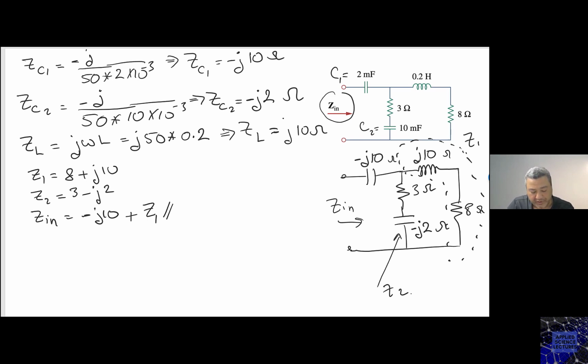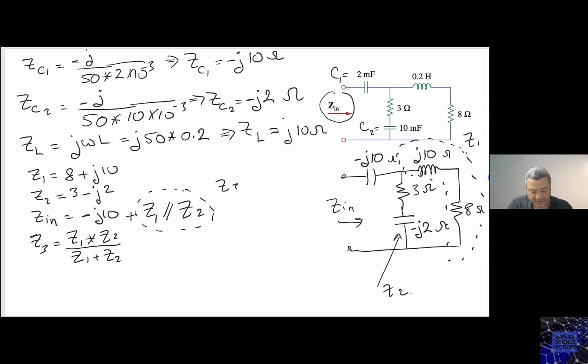So what you need to do is find Z1 in parallel with Z2. Let me call this one Z3. So Z3 is Z1 times Z2 divided by Z1 plus Z2.